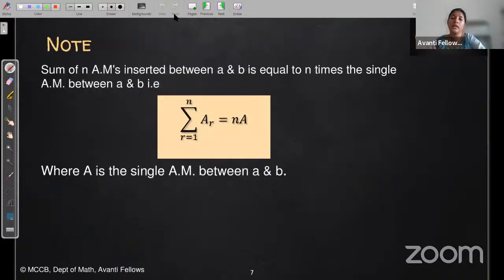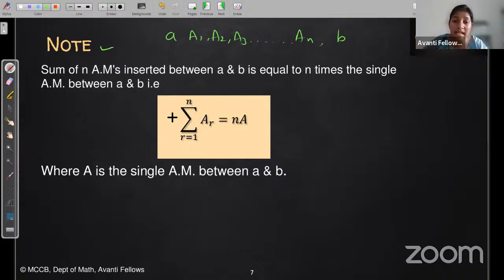Before the example, here we have a note point. I already said, right? We are inserting n arithmetic means between A and B, that is A1, A2, A3, so on up to AN. So what will be the sum of those n arithmetic means?